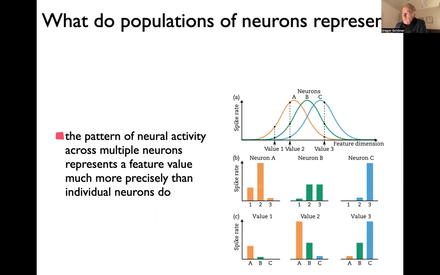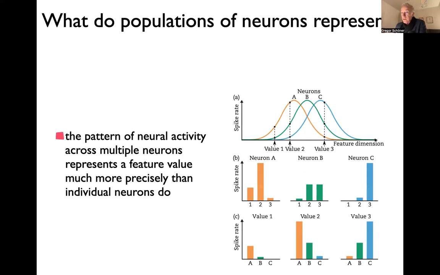Now, when you do this from many neurons, then you can look at how many neurons together represent the state of the motor system, or the state of the perceived environment. And that really adds a quality to that relationship between inside and outside.